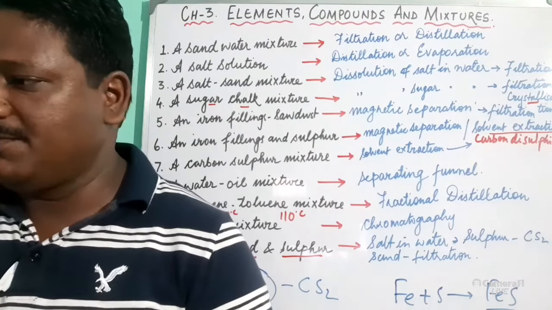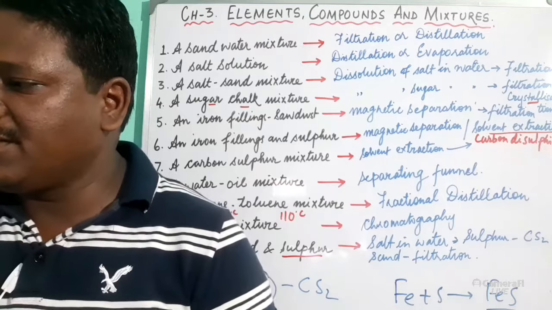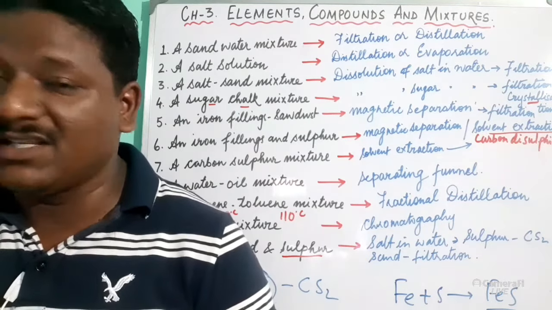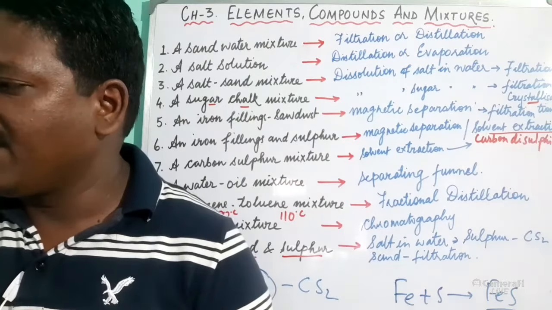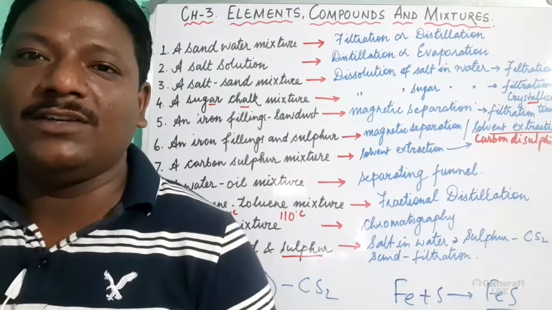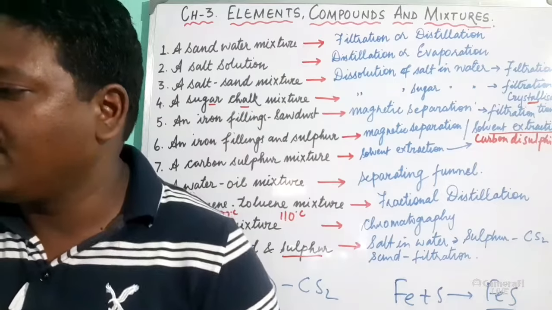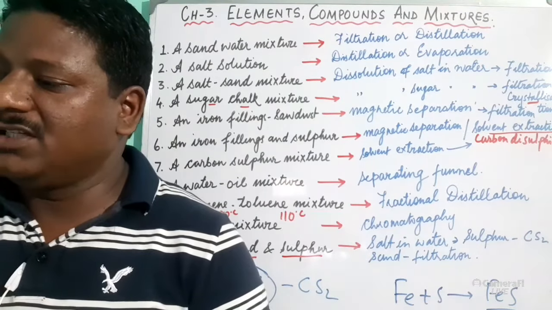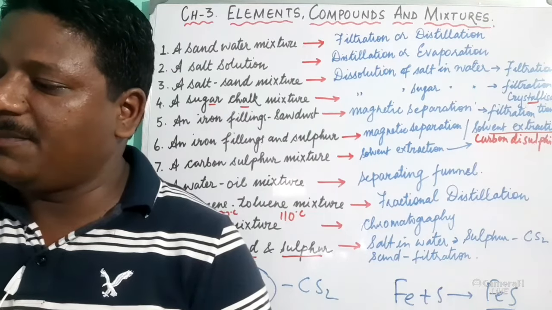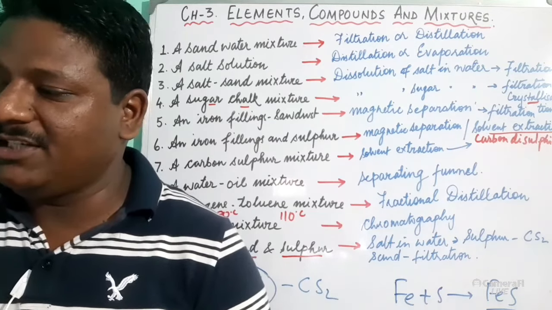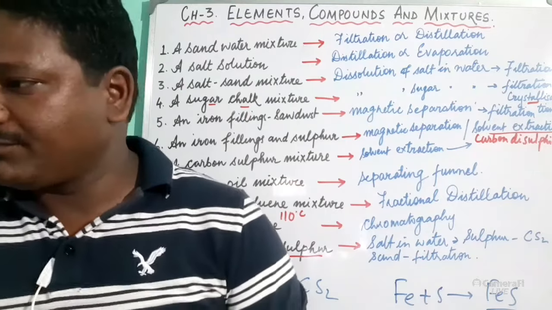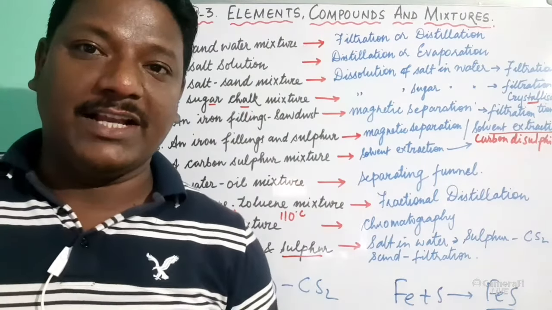The constituents of a compound are present in dash proportion by mass, and the answer is definite proportion of mass. Question number 2. Since it is written definite, don't write fixed.